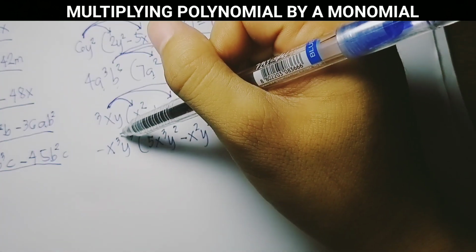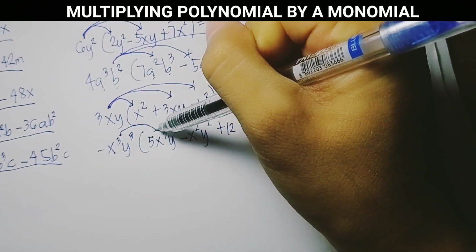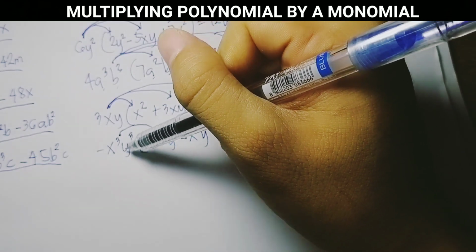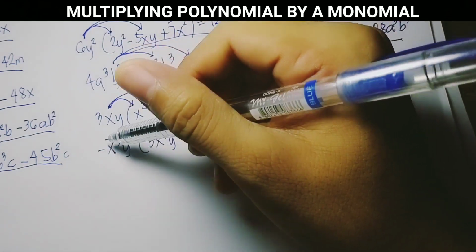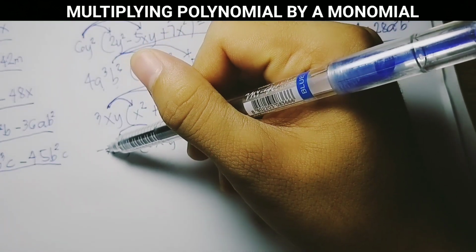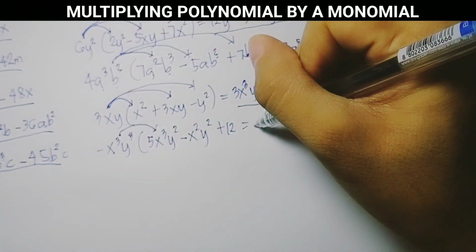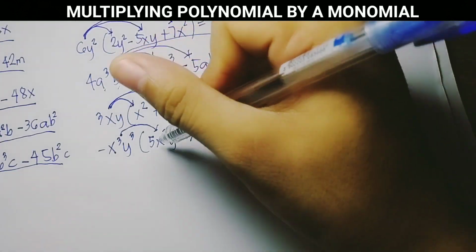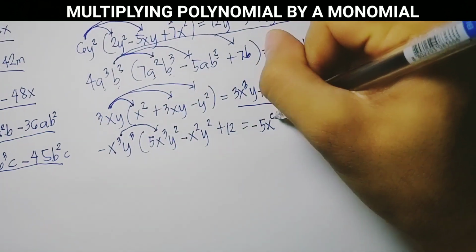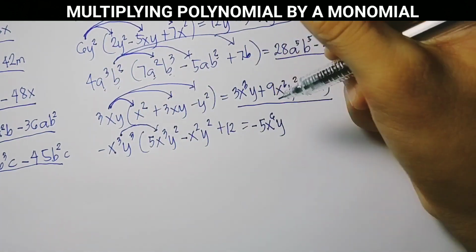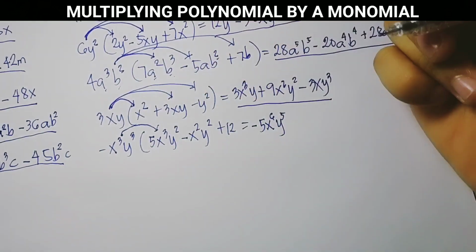So, ato i-distribute dinhi sa first term. So, negative x cube y cube times 5x cube y squared. So, walay constant diri no. So, imaginary 1. So, 1 times 5. Negative 1 times 5, that is negative 5. Sa x na dayon ta, 3 plus 3, that is 6. Nya sa y, 3 plus 2, that is 5.